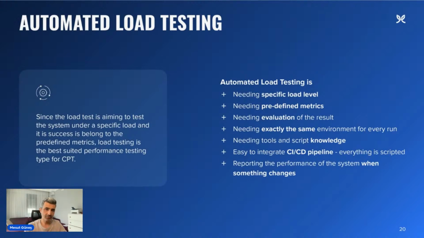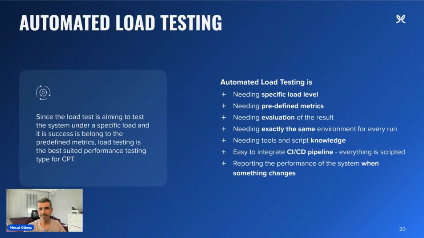So let's talk about automated load testing. Load testing is the easiest and most usable one for continuous performance testing. So let's talk about how we can automate the load test.